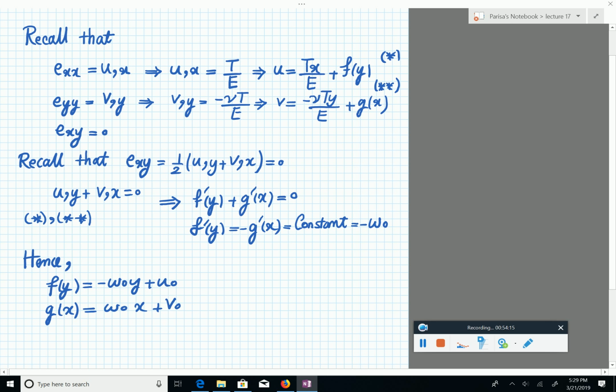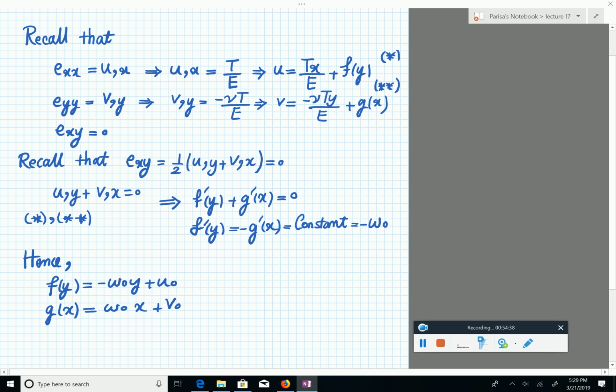Then you have that f of y and g of x. Then we know that exy is equal to 0. So if you substitute, you get that relationship between y and x. You know that f is a function of y, g is a function of x. Their derivatives will also be only functions of y and x.